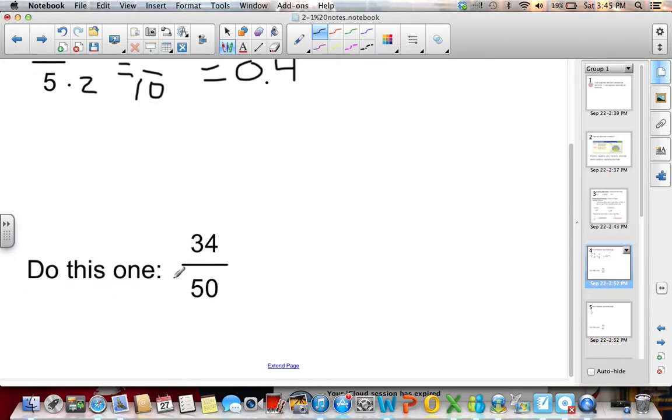If we looked at this one, 34/50ths, and we wanted to convert it to 100ths, do that really quick. Convert it to 100ths. So we know that if we multiply both sides again by 2, we would have 68/100ths.